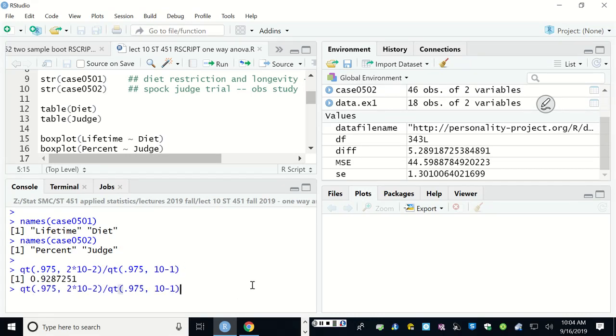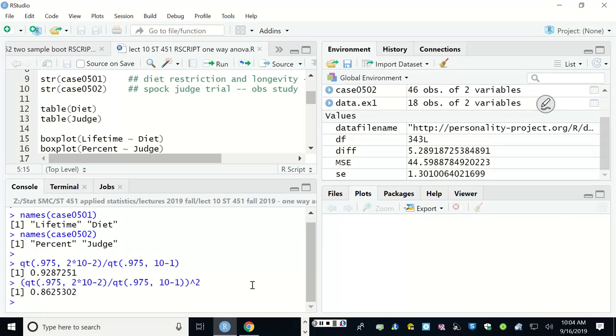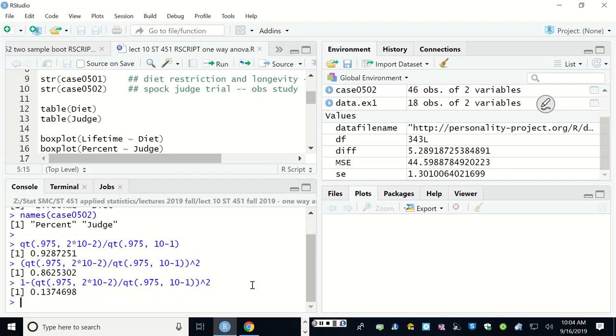But we square it, and it comes out to about 0.86. But we're taking 1 minus that in the formula. And so we get about 0.14.